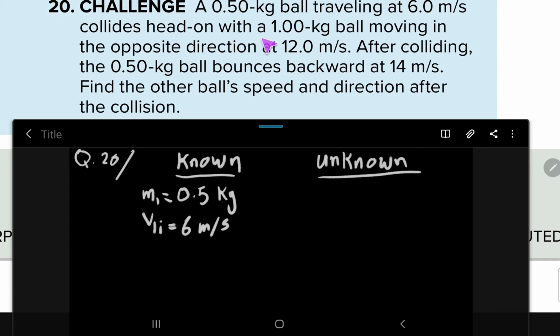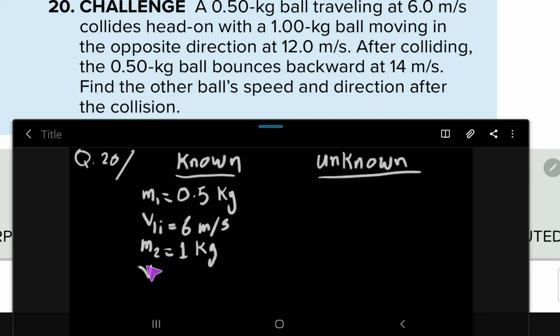It collides head on with a 1 kilogram ball, so we have the other mass M2 equal to 1 kilogram, moving in the opposite direction at 12 meter per second.